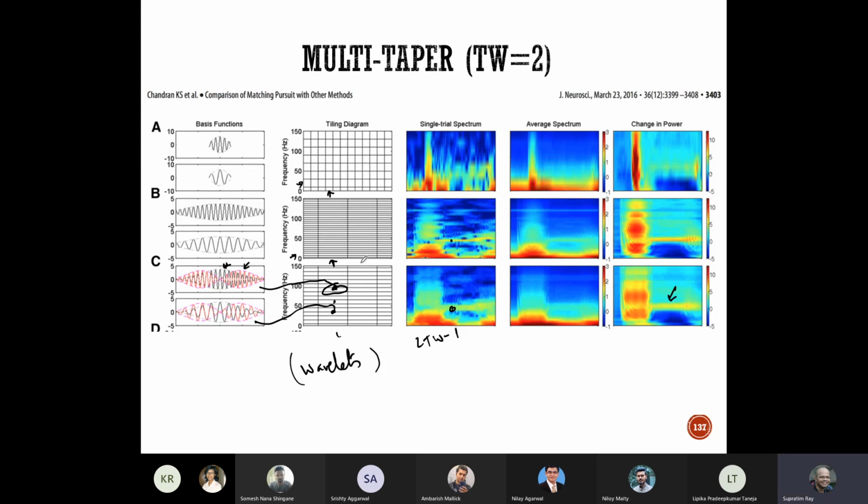But the short time Fourier transform as well as the multi-taper method here has another restriction, which is that all the tiles have the same shape. They are tiling the time and frequency dimensions in a uniform way.